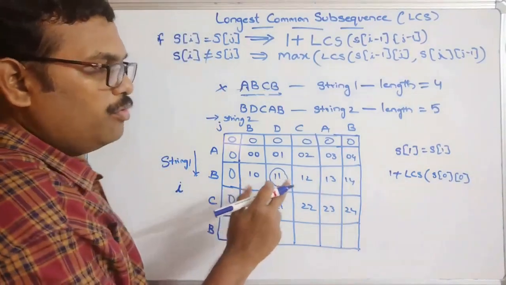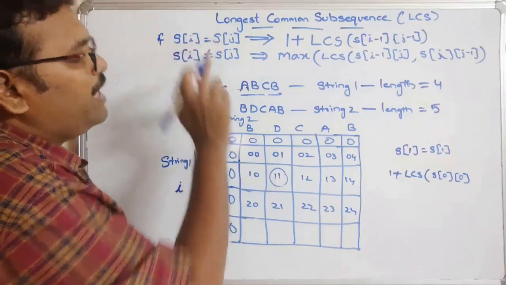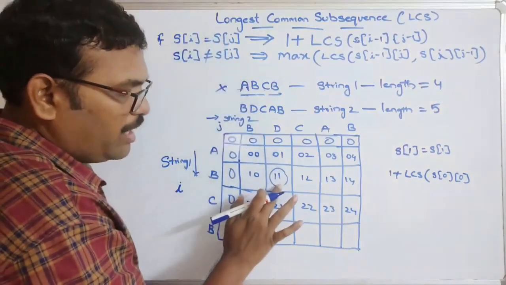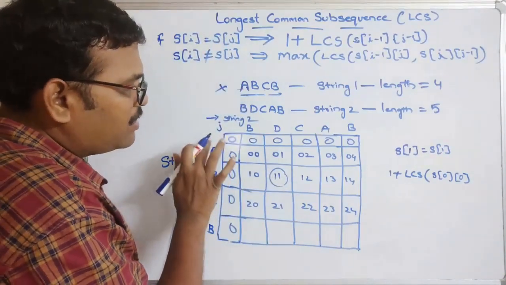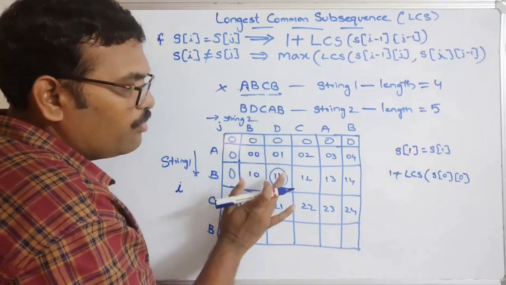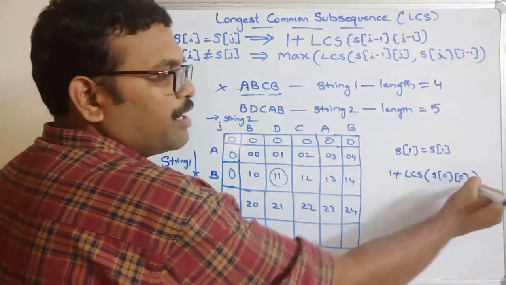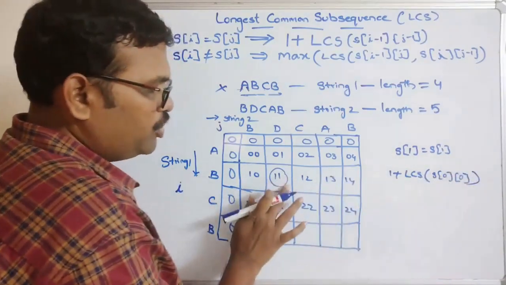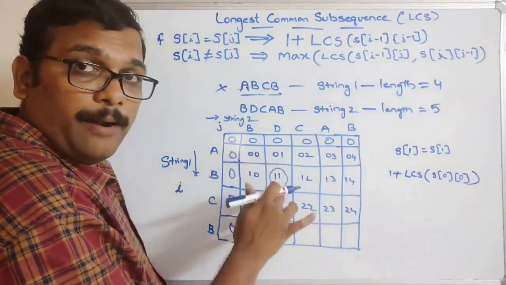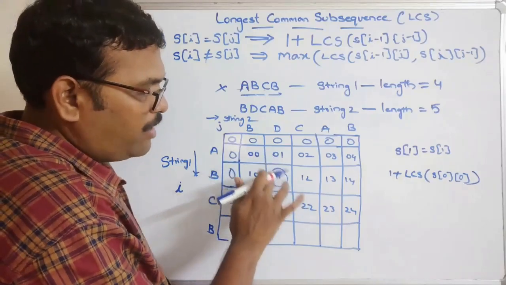So if the elements S of i and j are equal, that means these characters are equal, then we have to add 1 to this particular element. So S of 0, 0 means this one. So diagonal, we have to add to the diagonal.